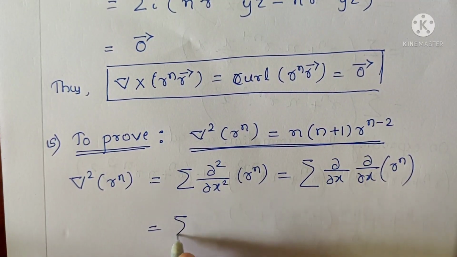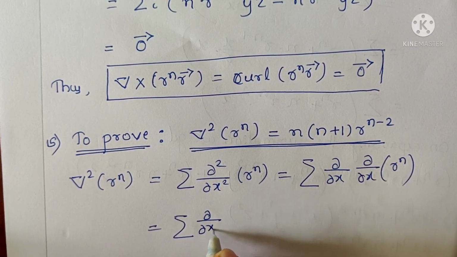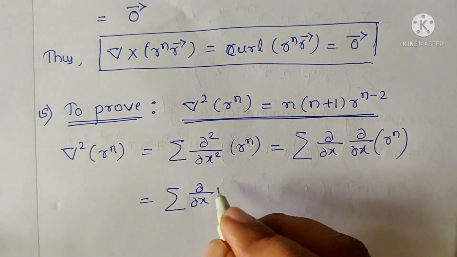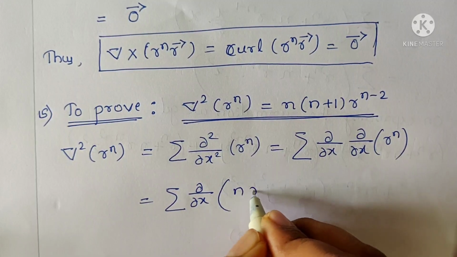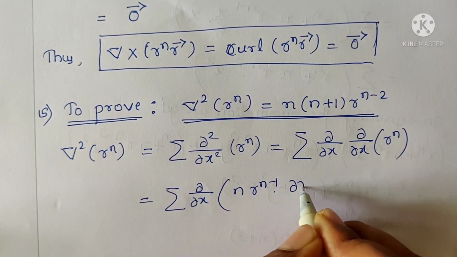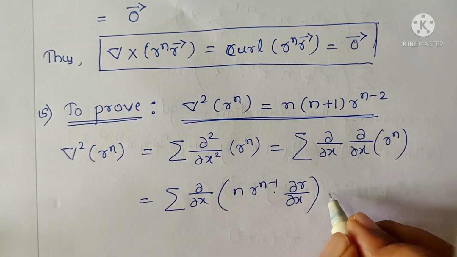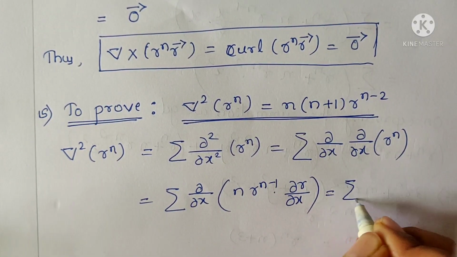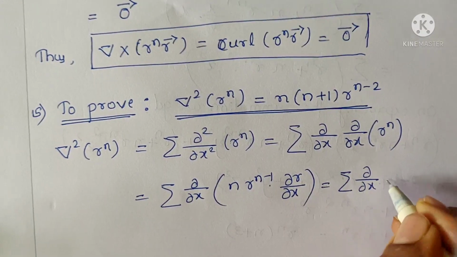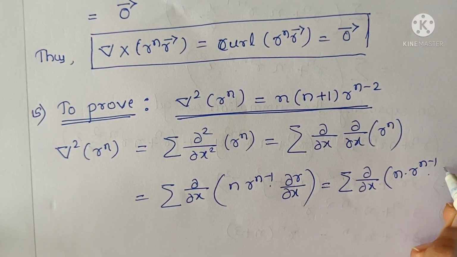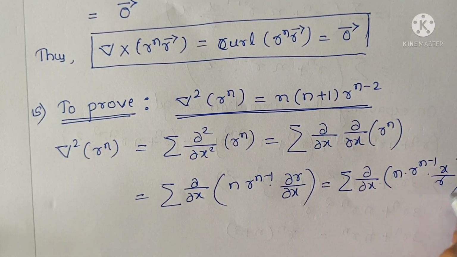Keep dou by dou x as it is. Now first differentiate one time. Dou by dou x of r raised to n is what? N into r raised to n minus 1 dou r by dou x. So this is summation dou by dou x of n into r raised to n minus 1 into dou r by dou x, which is x by r.